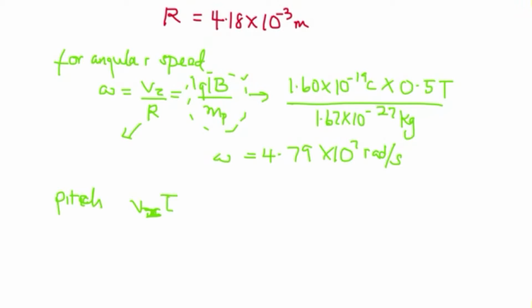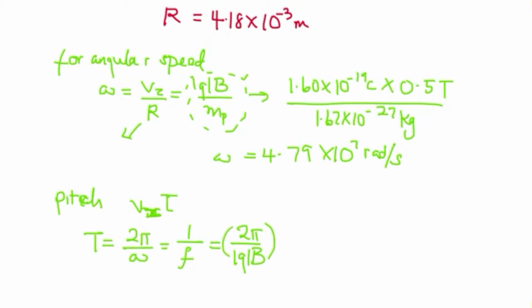To determine the period, the period is equal to 2 pi over the angular frequency, which is also equal to 1 over the frequency. This is also equal to 2 pi times the mass, over the charge multiplied by the magnetic field strength.